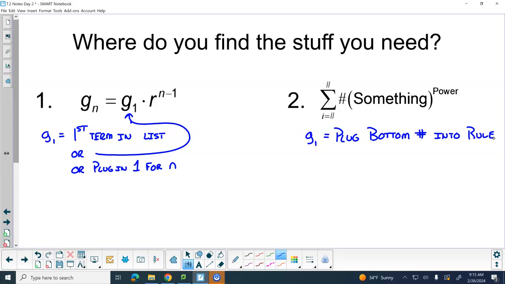The next thing that we have to find is we have to find r. Now, finding r is the same on both sides.